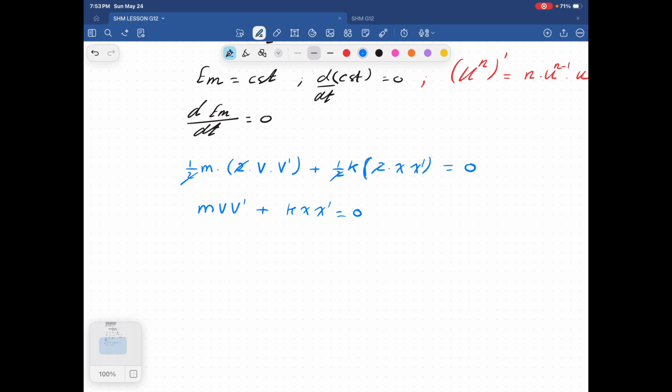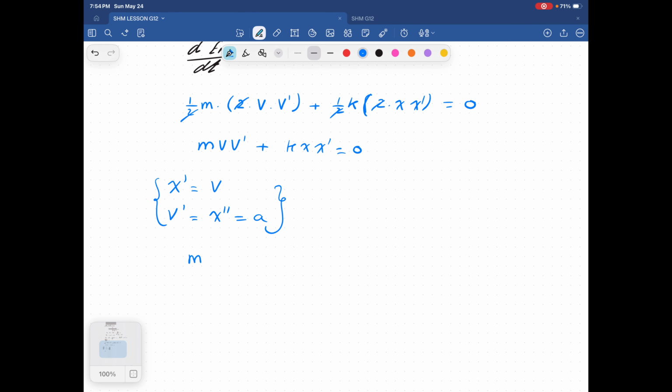You see now, since the differential equation must be in terms of x because the solution is for x, let's put v in terms of x. You know that the derivative of x is the velocity, and the derivative of velocity, which is the double derivative of position, is the acceleration. You're familiar with those formulas. And so we can replace: m x double prime x prime plus kx x prime is equal to 0. We can take x prime as common: x prime times m x double prime plus kx is equal to 0.